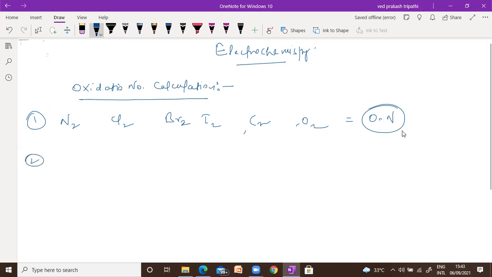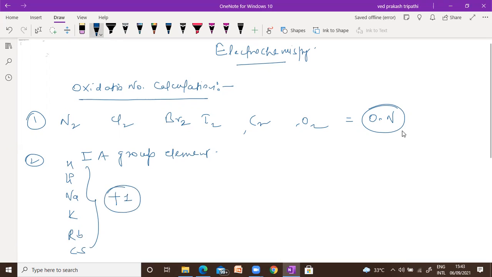Now the second point, elements of first A group, like lithium, sodium, potassium, rubidium, cesium and hydrogen, they all have +1 oxidation state. Similarly, if you have second A group elements, magnesium, calcium, strontium, they have +2.